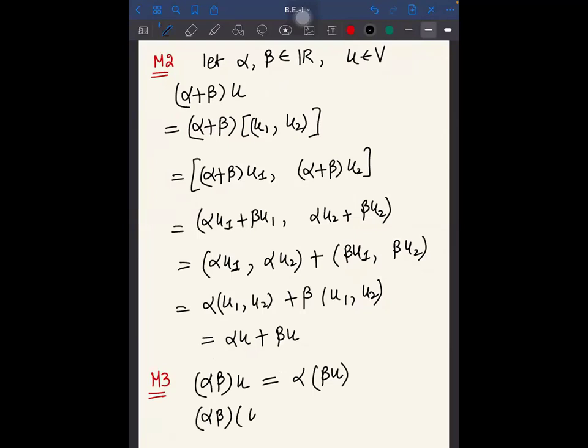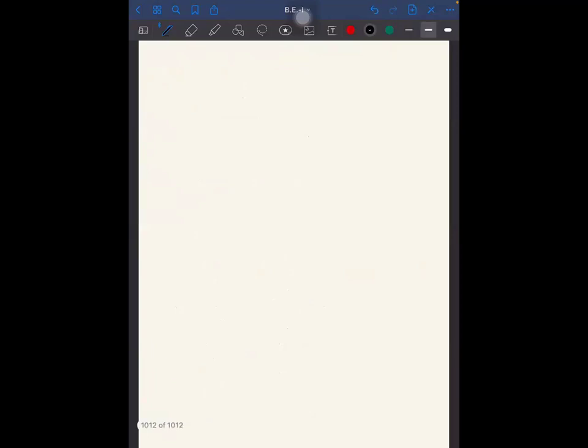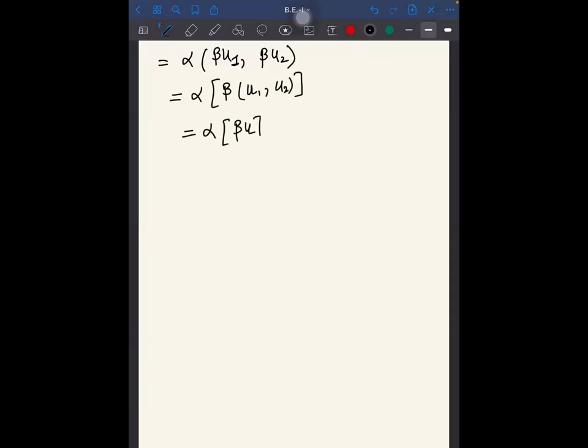Alpha beta u1 u2 written as alpha beta u1, alpha beta u2, right? So you take the alpha outside, so this becomes beta u1, beta u2. Further you can write it as alpha times beta times u1 u2, alpha times beta u. That's what we wanted to prove.